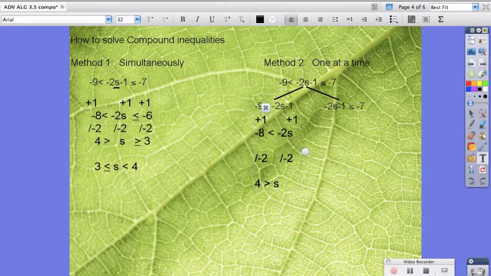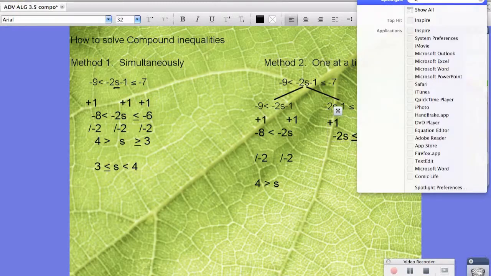And we're going to have to do the same thing with the right side. So we're going to add 1 to both sides. We have -2s is less than or equal to -6.